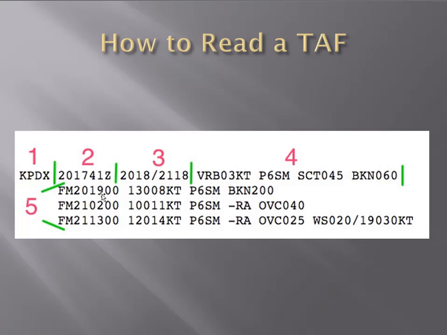At 19 Zulu, the wind is going to become more east-southeasterly, at 130 degrees with winds of 8 knots. There's going to be no gusts here, so you don't see G or anything like that, like you would in a METAR if there were gusts. The visibility will still be P6SM, and we are going to see broken clouds at 20,000 feet.